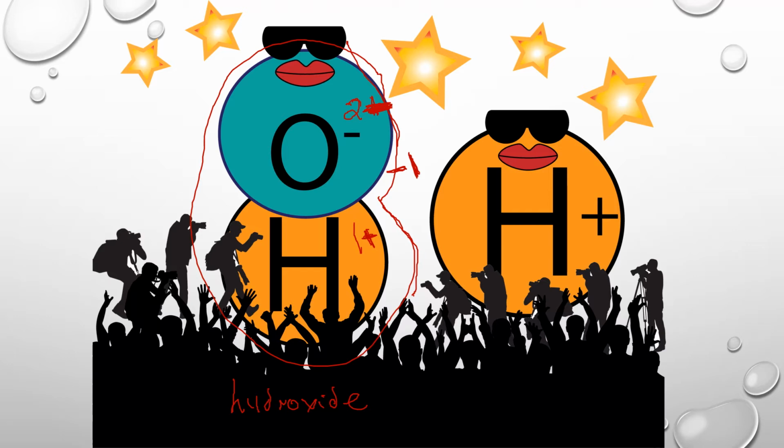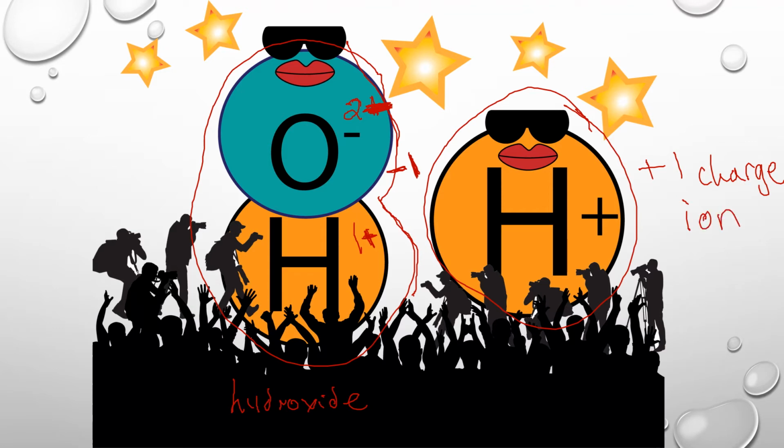Now this other thing left over is 1 hydrogen ion. Because out of water, H2O, there's only 2 H's and there's only 1 O. So the only thing left is this hydrogen ion. It has a +1 charge, which makes it an ion, and that's left alone when the water molecule breaks up.